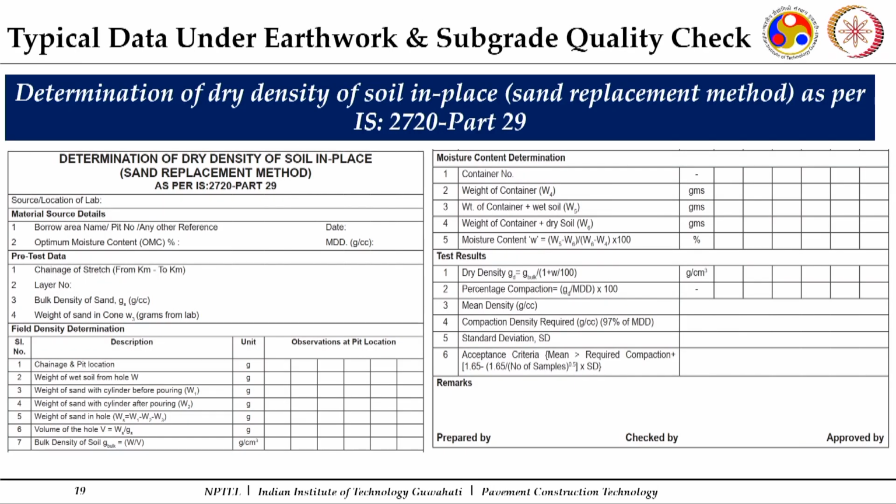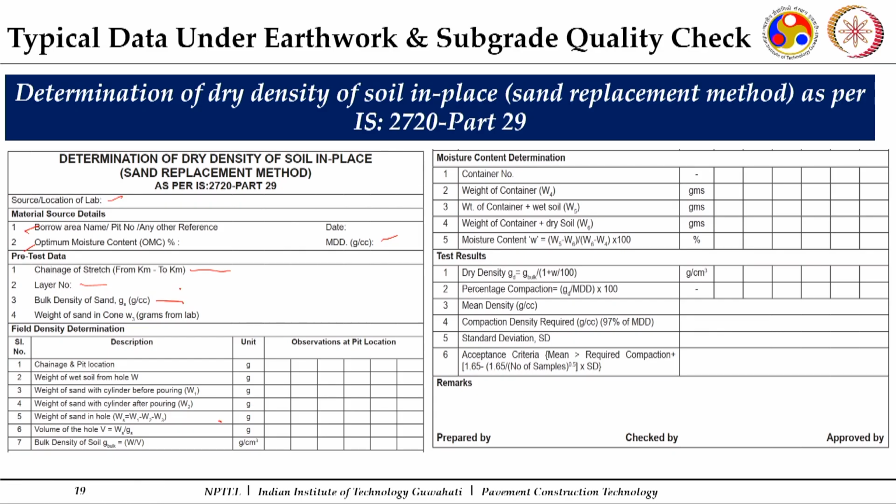And how the information is recorded is very important. You can see this is a format taken from SP 112, which mentions the source and location of the lab, then the material sources and records, the borrow area from where the sample has been taken, optimum moisture content, maximum dry density which is to be ensured, the date on which this particular test was done, the chainage at which this test has been conducted, and on which layer we are doing it.